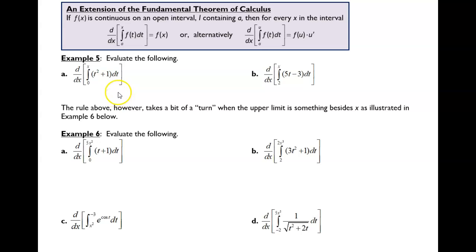So the last thing we'll talk about in this section is an extension of that first part of the fundamental theorem of calculus. So when we take the derivative of an integral, essentially the derivative and the integral cancel each other out. But one thing I want you to pay attention to is this change in variables. So here there's an x, but here there's a t.